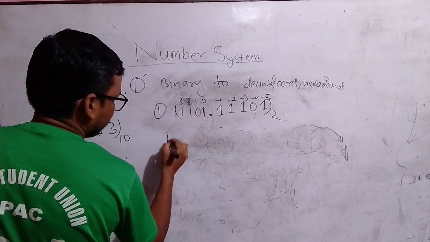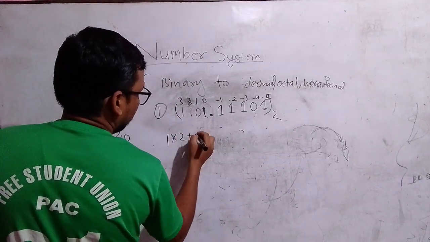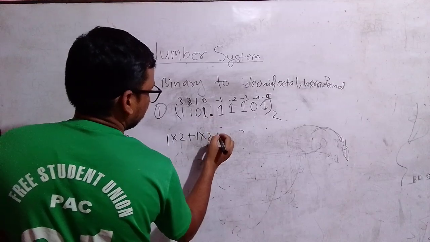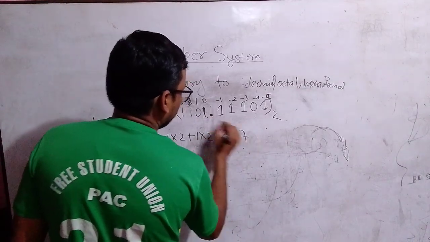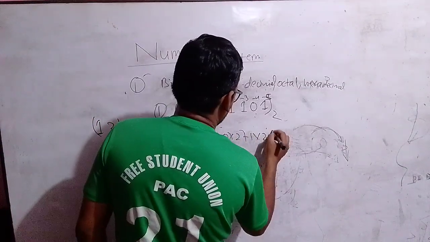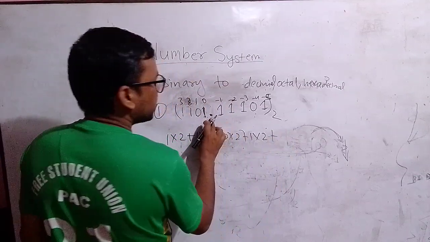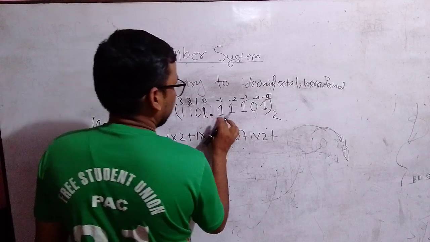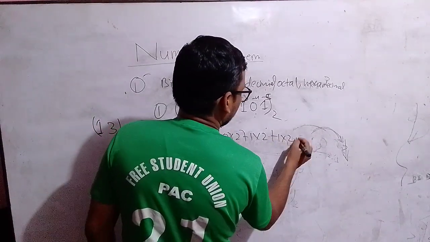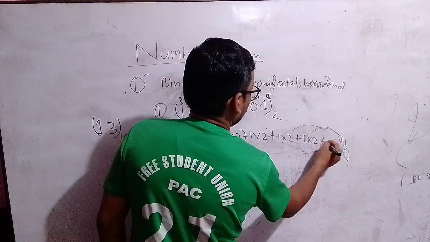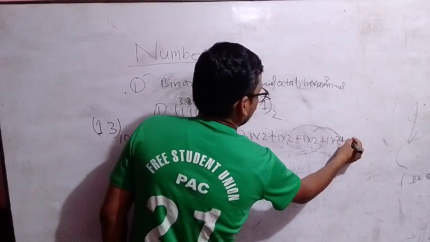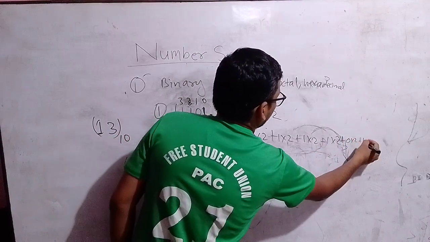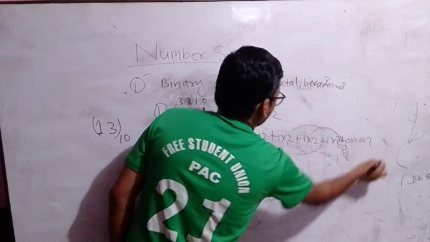What is this? 1 into 2 plus 1 into 2 plus 0 into 2 plus 1 into 2 plus, regardless of the dot, we don't regard this, just write plus 1 into 2 plus 1 into 2 plus 1 into 2 plus 0 into 2 plus 1 into 2.